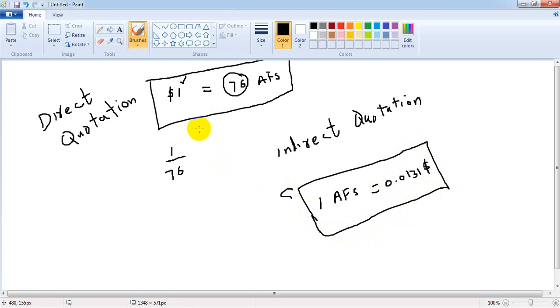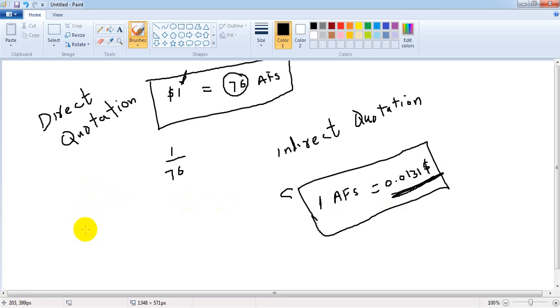So in indirect quotation, 1 unit of local currency is equal to how many units of foreign currency?